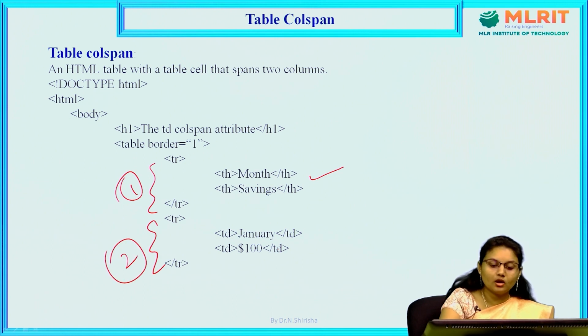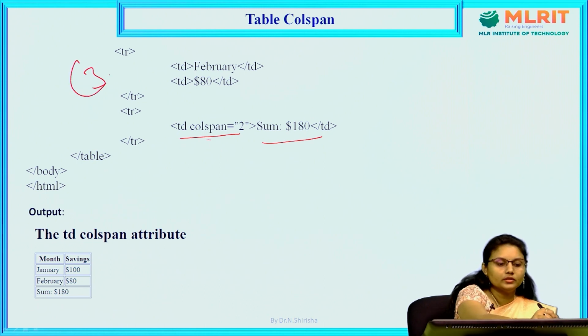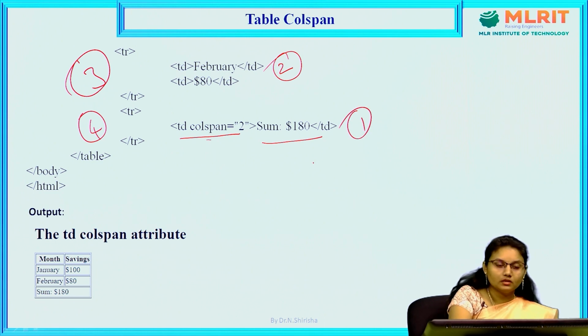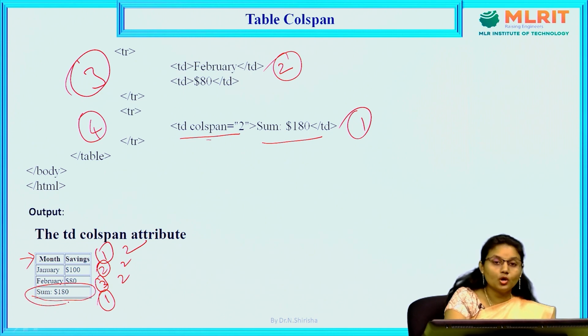In the second row, how many data? 2 data you have given. In the third row, you have given 2 data. In the fourth row, you have given only 1. So first is 2, second is 2, third one is also 2. But in the fourth one, you have given only 1. That means you have merged 2 columns, therefore this will become 1 row.